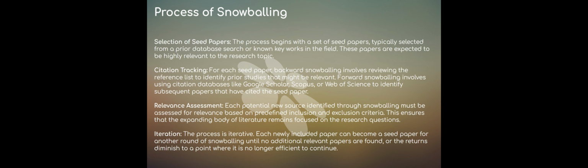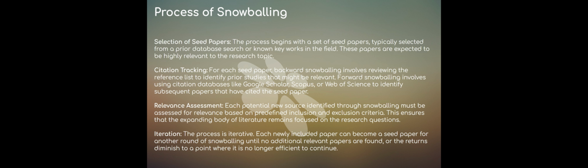And for the process of snowballing, the first step is selection of seed papers. The process begins with a set of seed papers, typically selected from a prior database search or known keywords in the field. These papers are expected to be highly relevant to the research topic. And the second step is citation checking.